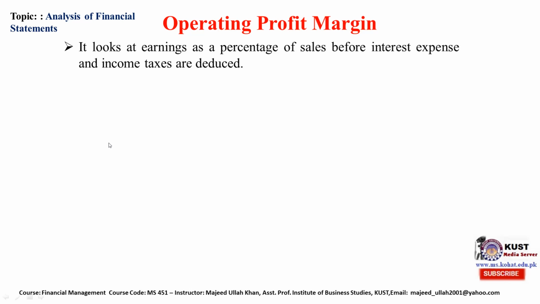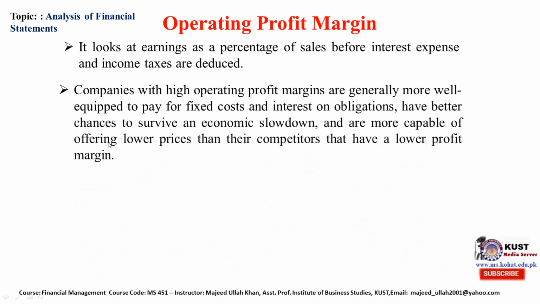Earnings before interest and taxes to sales ratio is called operating profit ratio. Companies with high operating profit margins are generally better equipped to pay fixed costs and interest on obligations, have better chances to survive an economic slowdown, and are more capable of offering lower prices than their competitors that have lower profit margins.